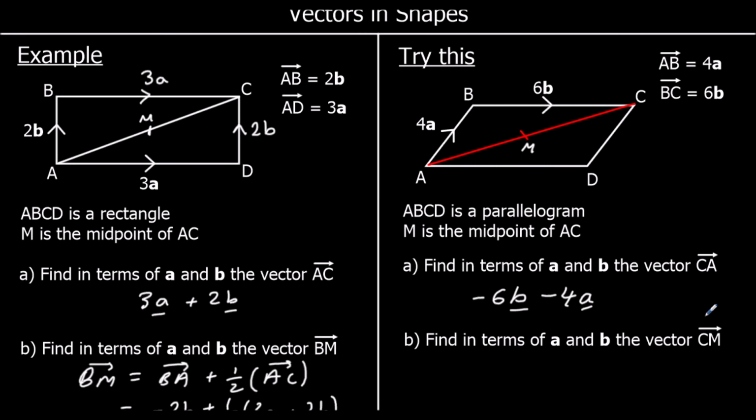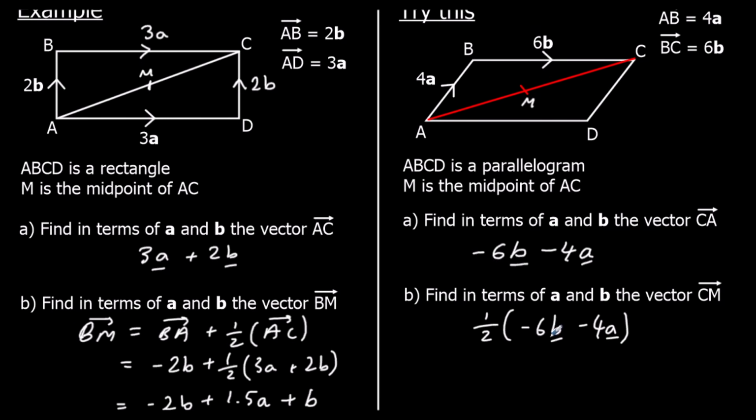So C to M is half of C to A. So half of our last answer: half of negative 6b is negative 3b, and half of negative 4a is negative 2a. So it's minus 3b minus 2a.